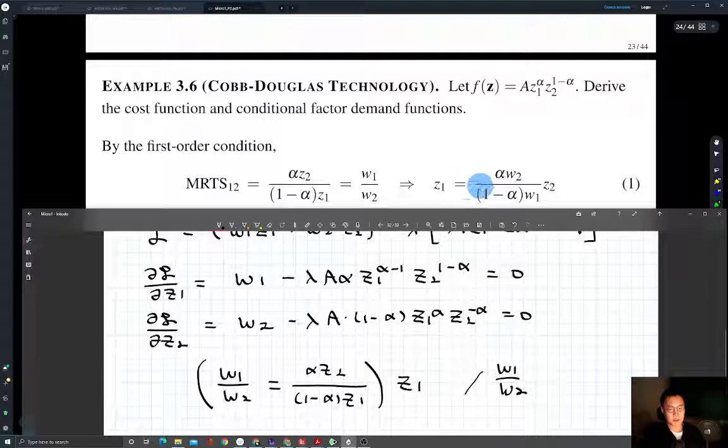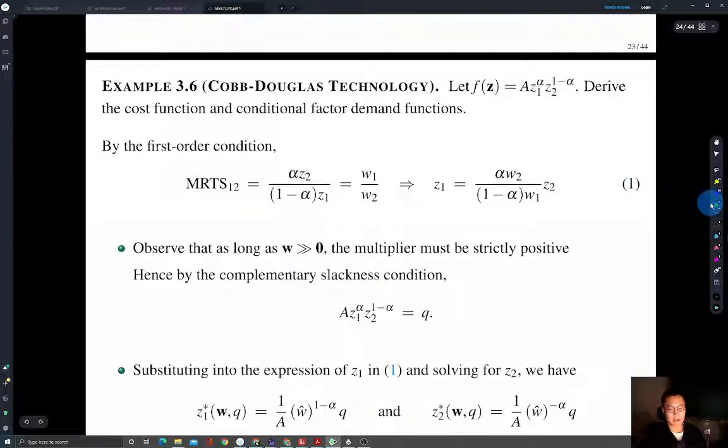So z1 is equal to this fraction times z2. Let me call this w hat, so I can simplify the expression to w hat times z2.